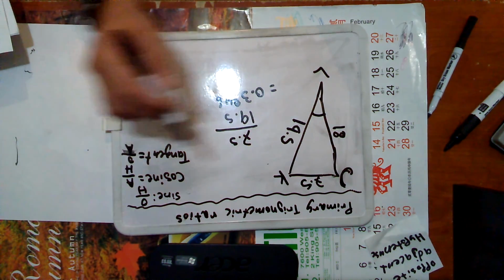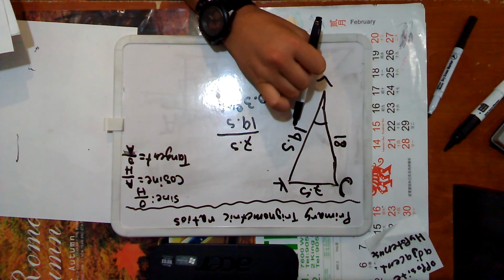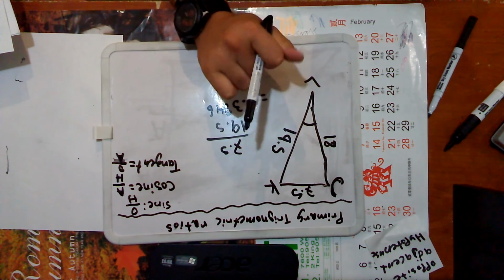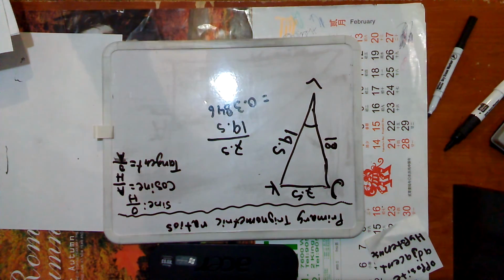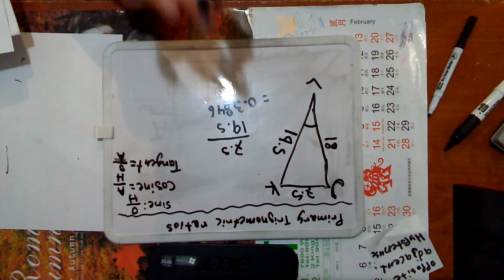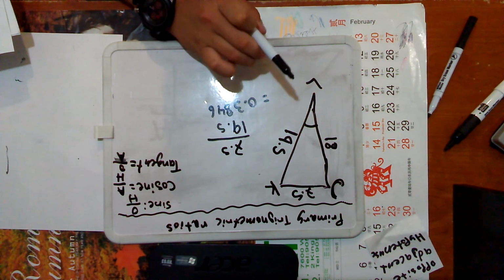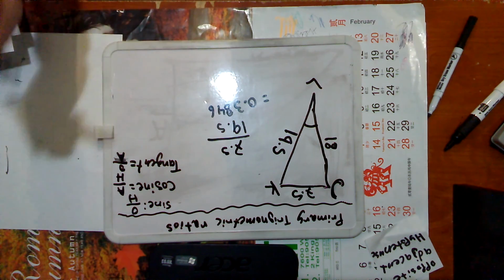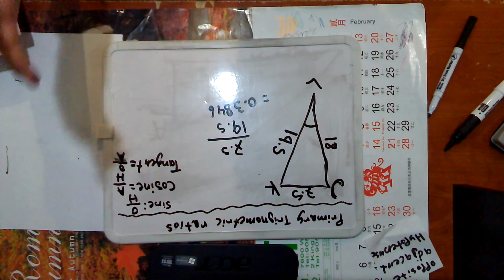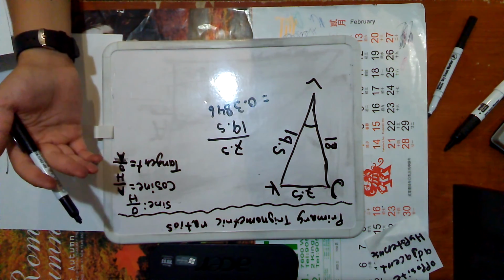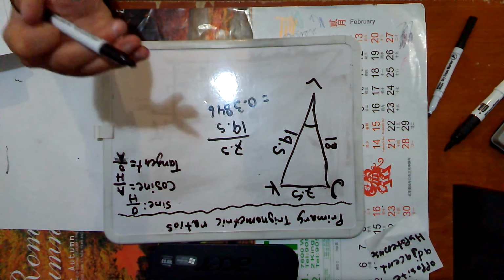Most of them would think this is the hypotenuse and this is the opposite. That's wrong. The hypotenuse is the biggest side. If you have the numerical values, the largest side is the hypotenuse. The adjacent is always the second largest, and the opposite is the smallest.